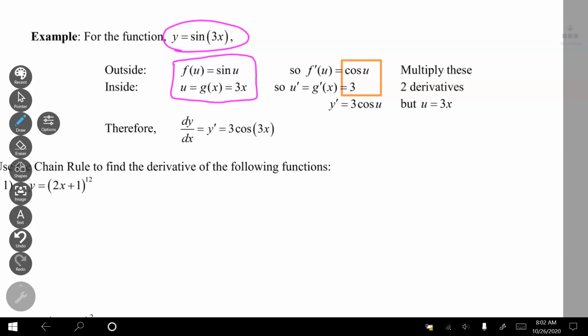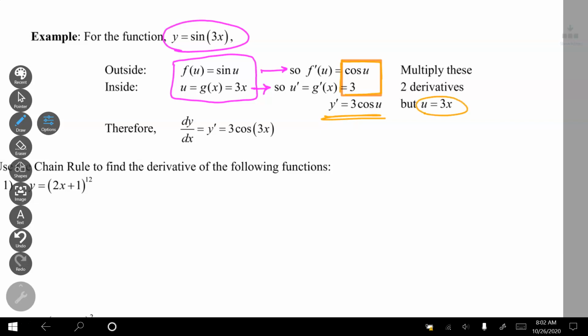So if I take these derivatives, f prime of that something is cosine of u, or cosine of something, and then g prime of 3x is going to be 3, and all I have to do is multiply these together, and I get a final result of y prime equals 3 times cosine of something.